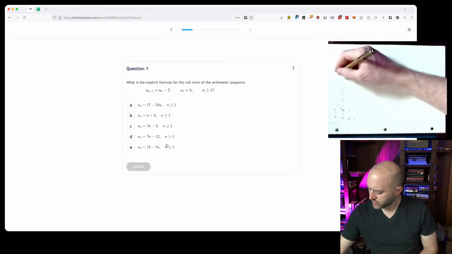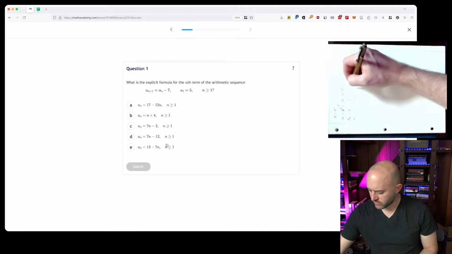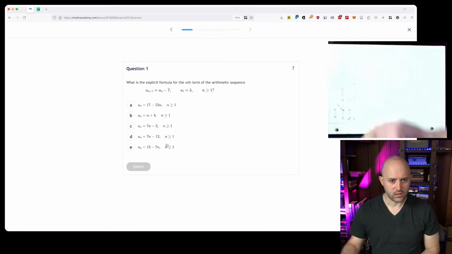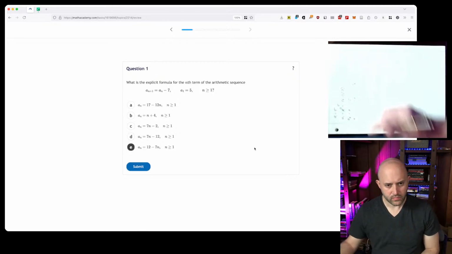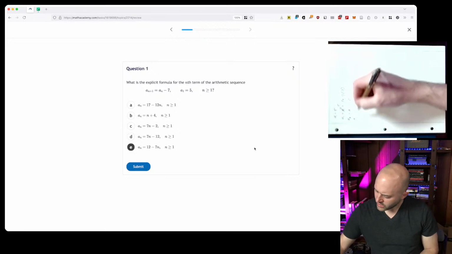Okay, so I think the formula is not here. Let's try this again. a(n+1) equals an minus 7. So the previous one and subtract 7. So it's minus 7n. It has to be minus 7n. So it suggests that it's this one. Let's just test it then.